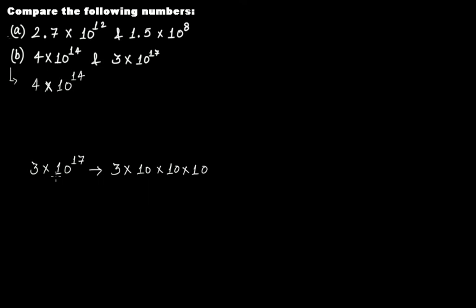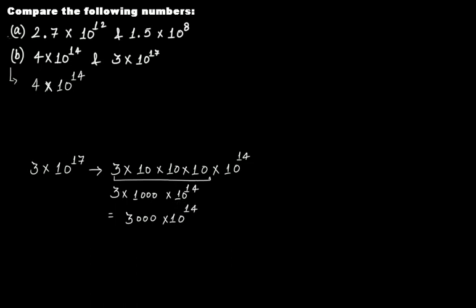Since I have taken out 3, what's left is 10 raised to the power of 14, right? So this is 3 times 1000 into 10 raised to the power of 14. This gives you 3000 into 10 raised to the power of 14.